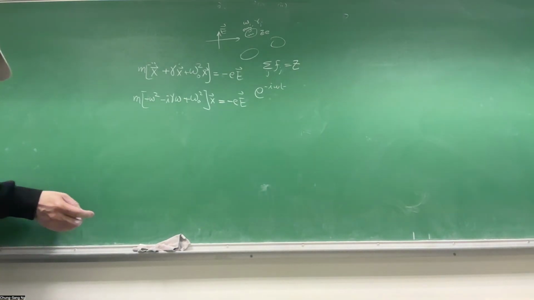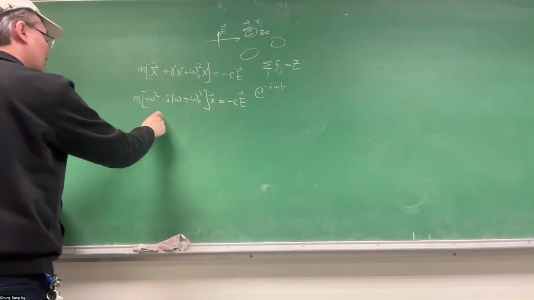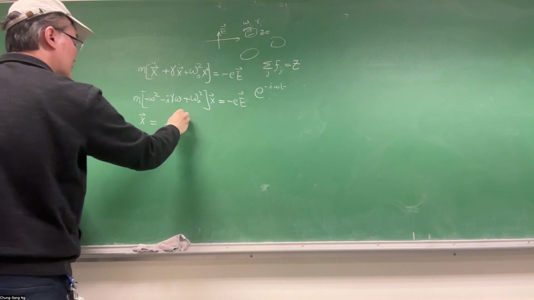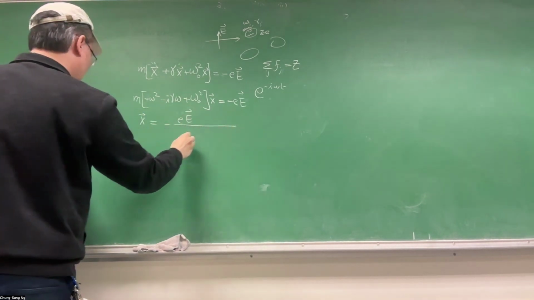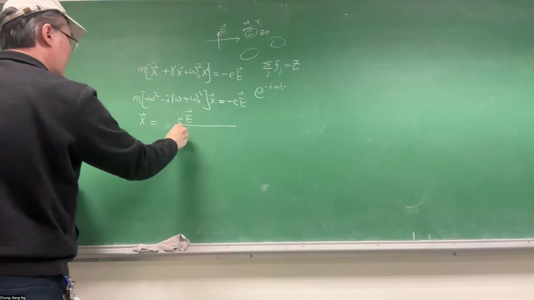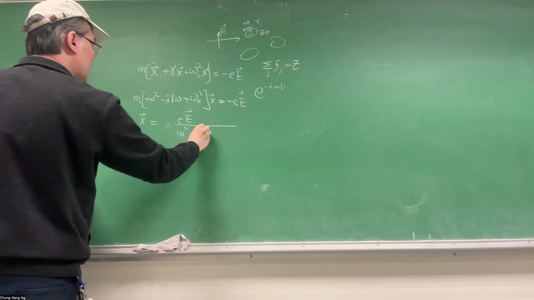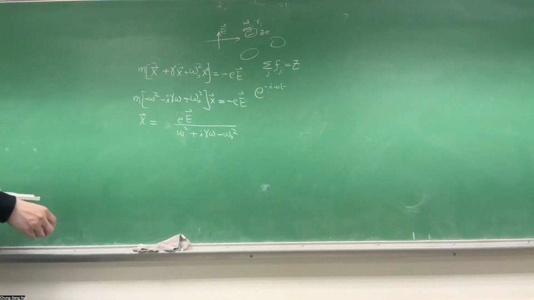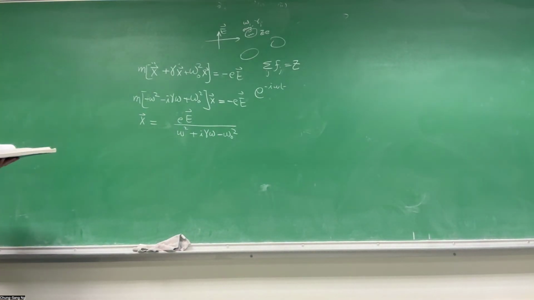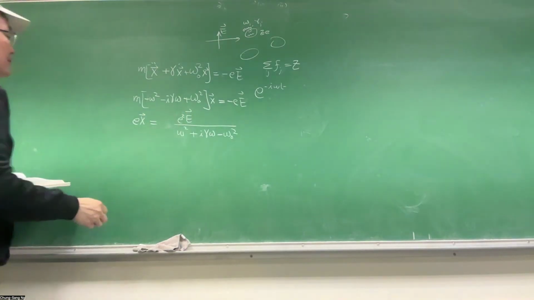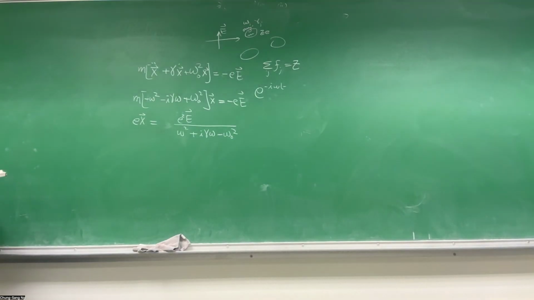Okay, and then the x will be just equal to e E over m, dividing everything, and you can change the sign: omega 0 squared minus omega squared minus i gamma omega. This is just for one charge, and you can multiply by the charge, and that becomes the dipole moment, right?